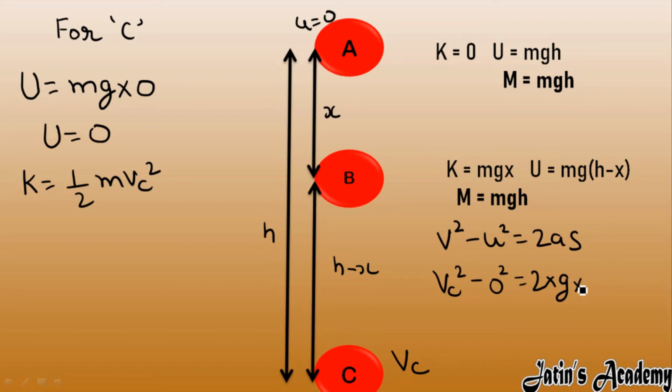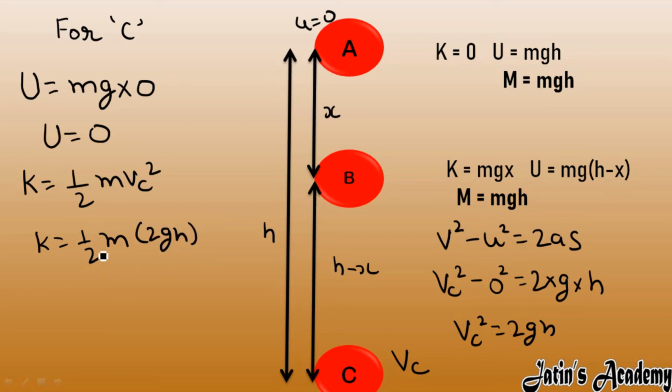The displacement from A to C is h. Clear? So vC square is 2gh. Now put the value in half m vC square, which is 2gh. The 2 and 2 cancel out, so the kinetic energy is mgh.